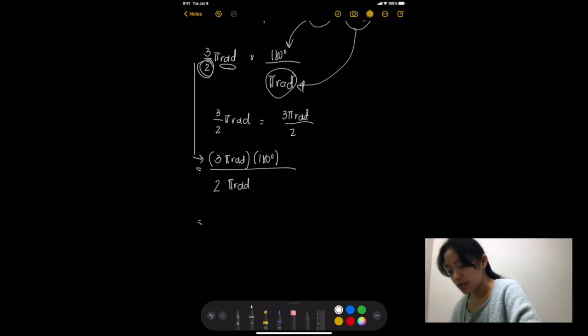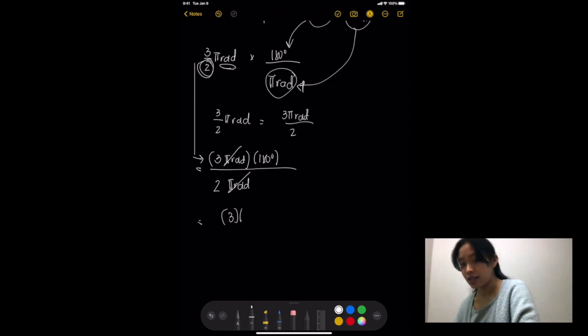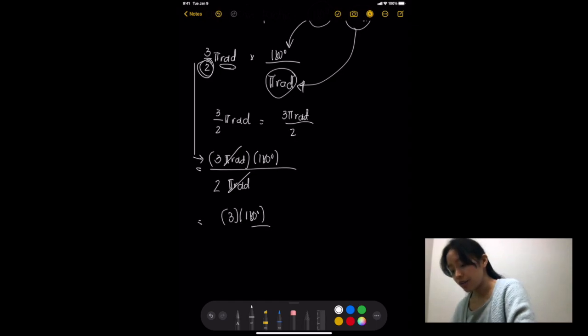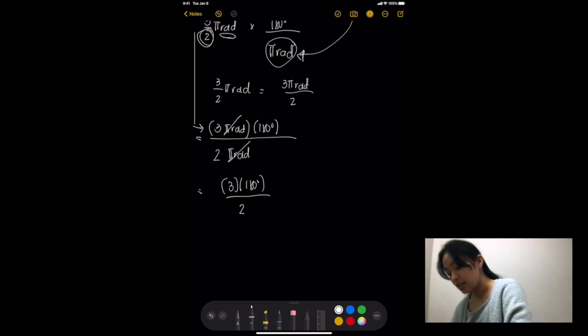Okay? So I'm seeing common units, common terms. So I'm going to cancel out the common term, which is pi radian, which are both present in the numerator and denominator. So I'm now left with 3 times 180 degrees divided by 2.